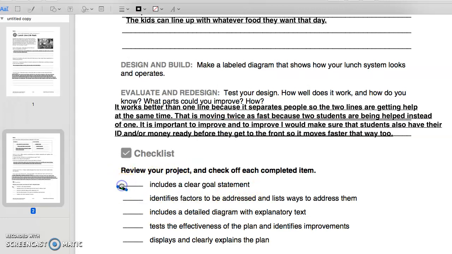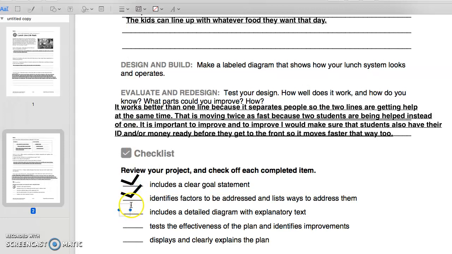Make a little check mark. Clear goal statement. Check. Identifies the factors. Yeah, we said what was wrong and how we addressed it.